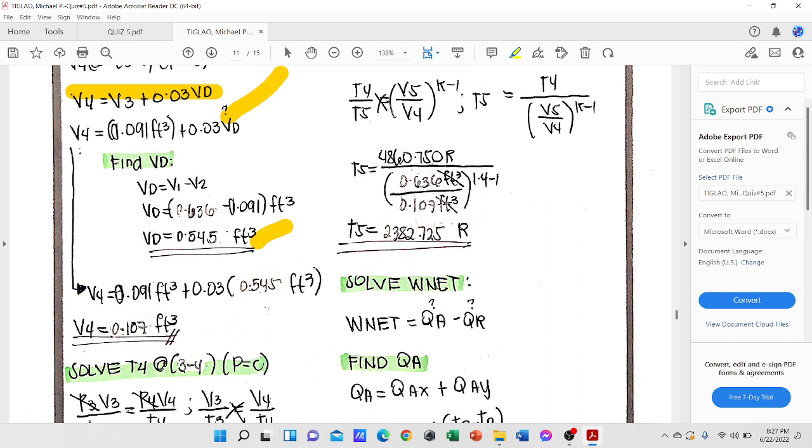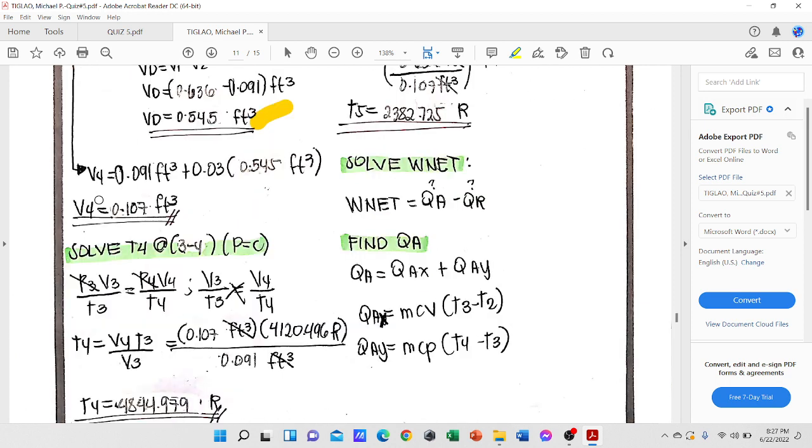Volume 4 is equal to our volume 3 of 0.091 cubic feet plus 0.03 times our solved VD of 0.545 cubic feet. Therefore, our volume 4 is equal to 0.107 cubic feet. So, we got volume 4.